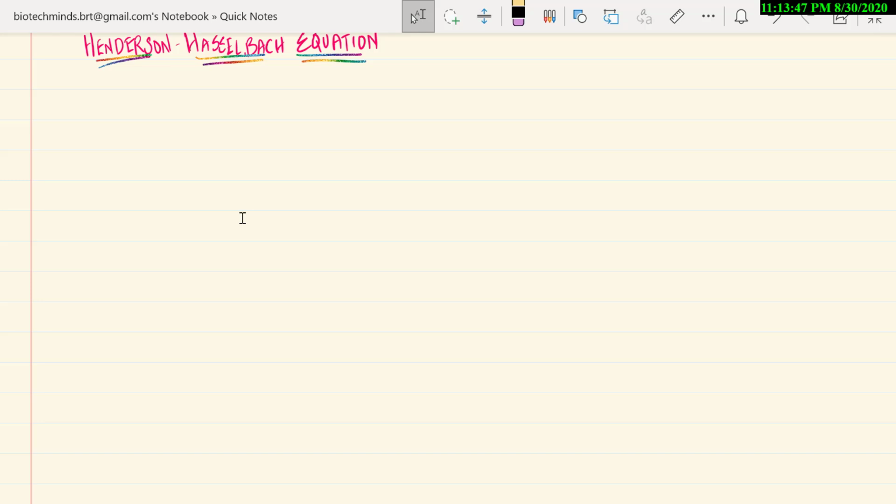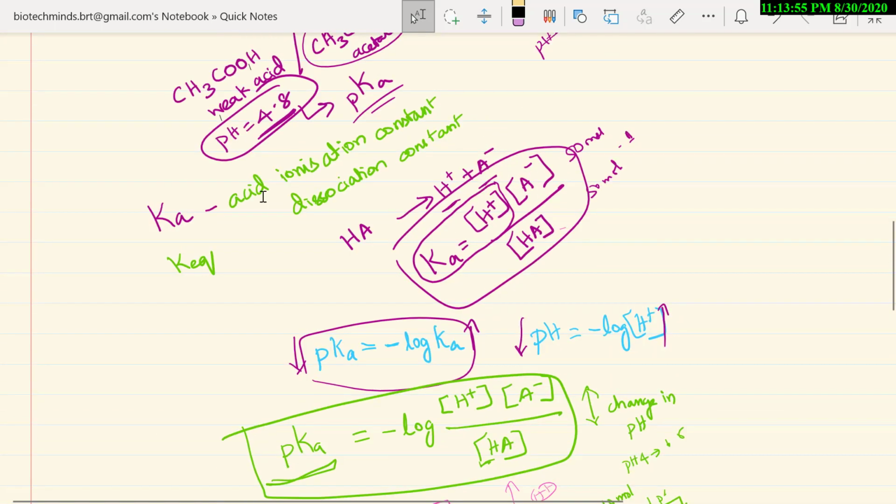Regarding the first step, first of all we have to derive from the standard form. Which is the standard form? This is the standard form: Ka equals the concentration of protons and conjugate base divided by the weak acid.